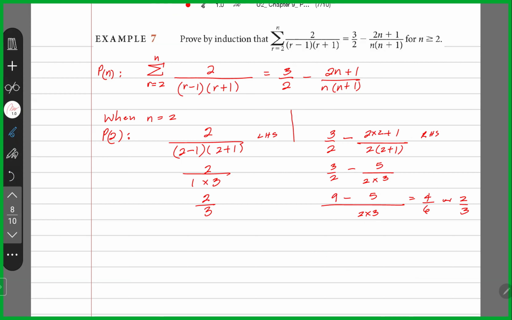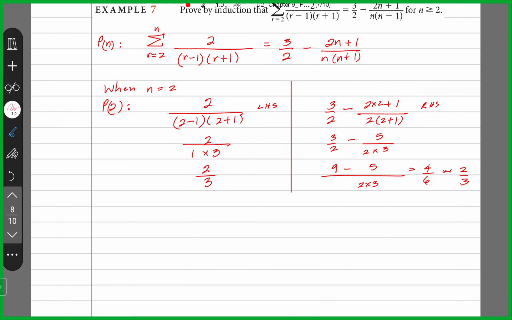So the left-hand side and the right-hand side being equal proves that the statement is true for n equal to 2. So Pn is true for n equal to 2.